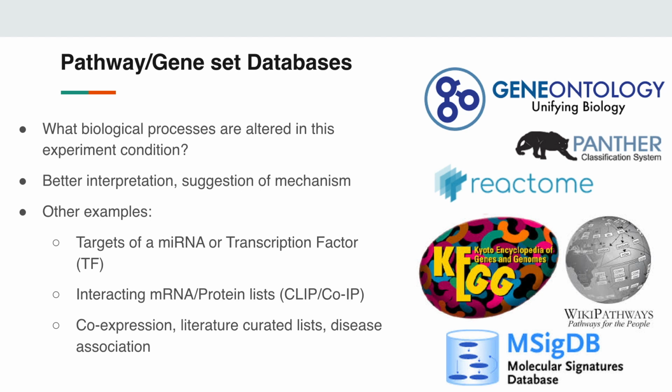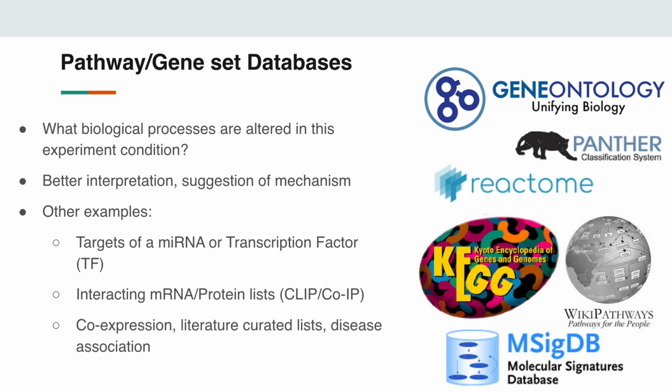And again, we want to ask, using these databases, what biological processes are altered in your experimental condition. It can lead you to a better interpretation of your results and even suggest a potential mechanism that is commonly impacting the RNA levels of many genes at the same time. And other examples of lists beyond what I've put here are, for example, all of the possible targets of a microRNA or all of the regulation targets of a particular transcription factor.